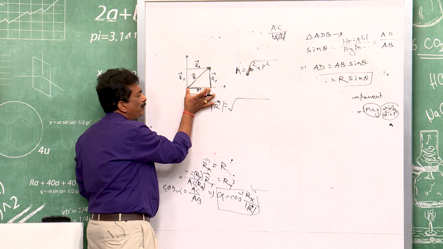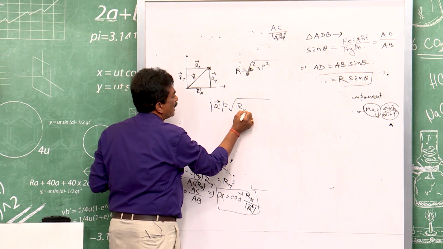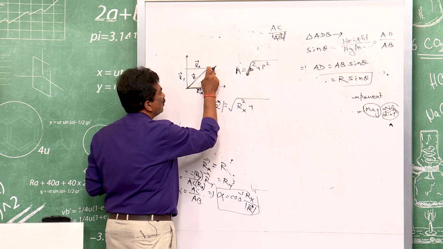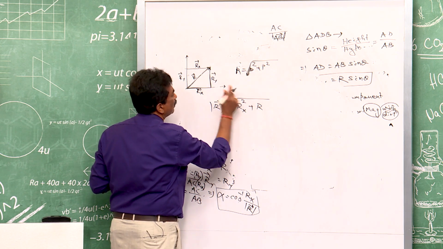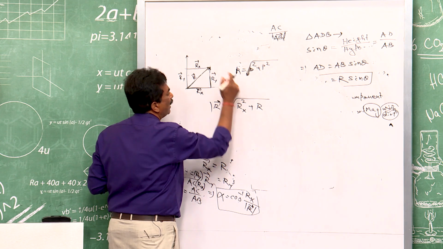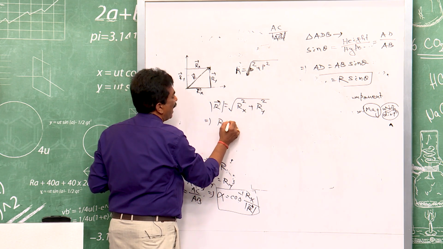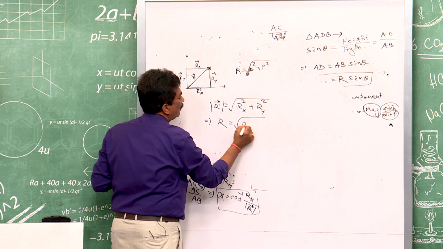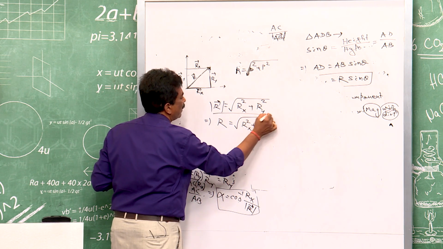Here the base is equal to the Rx vector, its magnitude square means Rx square, and the perpendicular is the Ry vector, magnitude square means Ry square. So this implies R is equal to root over of Rx square plus Ry square.